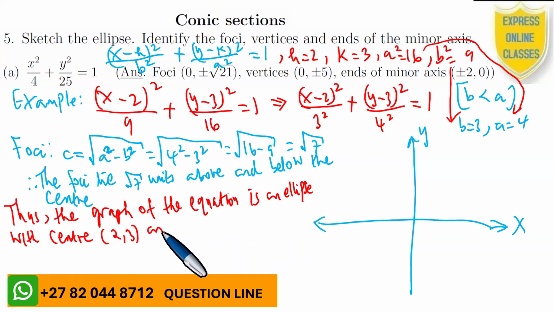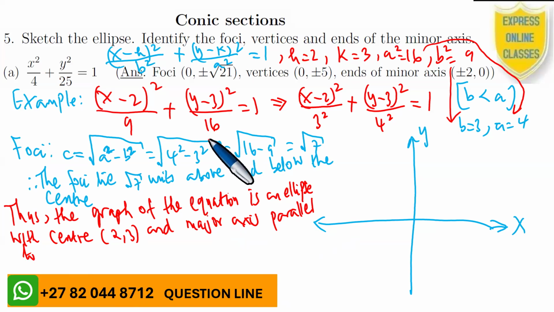And the major axis is parallel to the y-axis, because it is longer on the y, because y is bigger.